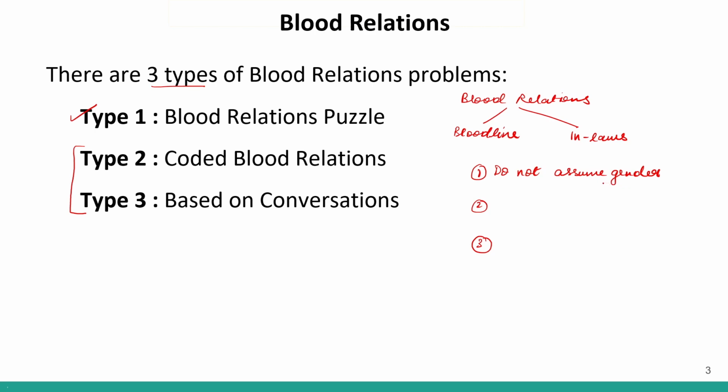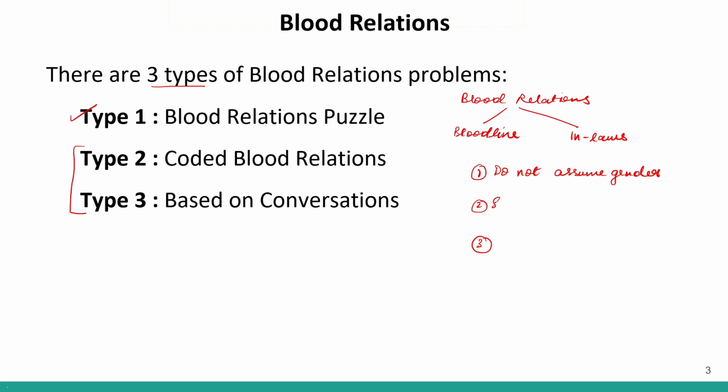For example, if you have a name, let's say Lalita, which is a very common female name, but in your examination, if you see Lalita written in the question, we do not assume that the person is female. It could be male or female. From an examination point of view, the question can be a trick question or a difficult question. So we do not assume gender while solving questions on blood relations.